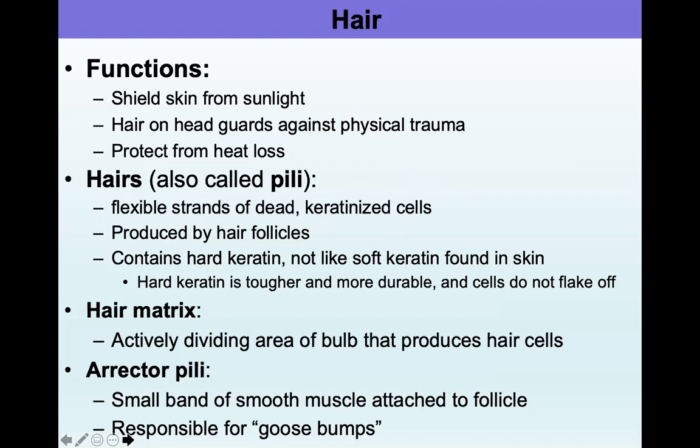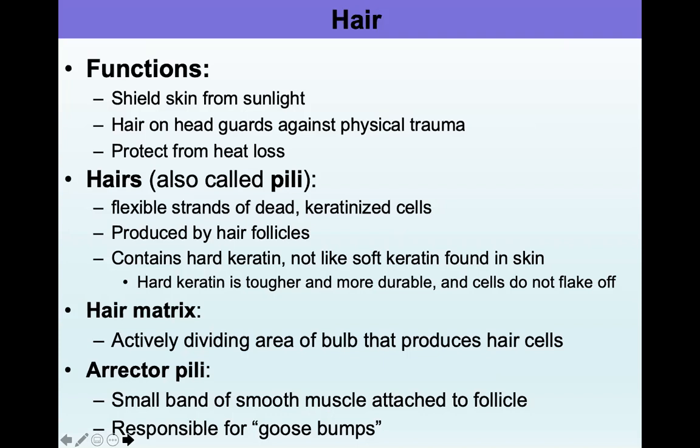So it produces another layer of protection. It does protect you against physical trauma. Again, not significantly, but there is a role in it. And then protection from heat loss. The more hairy you are, the less heat you lose, which, if you're in winter, is good. If you're in summer, not so good.